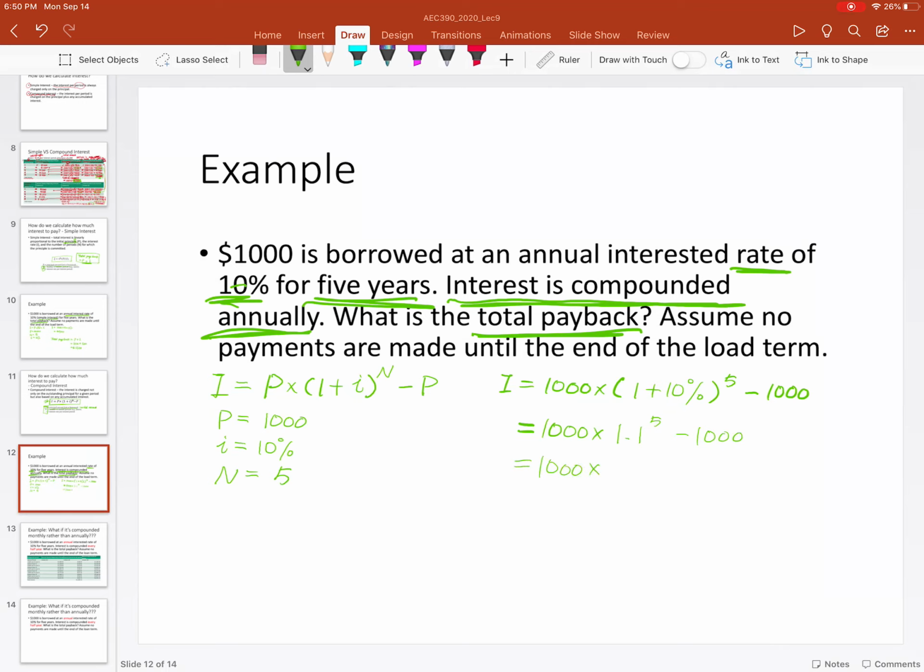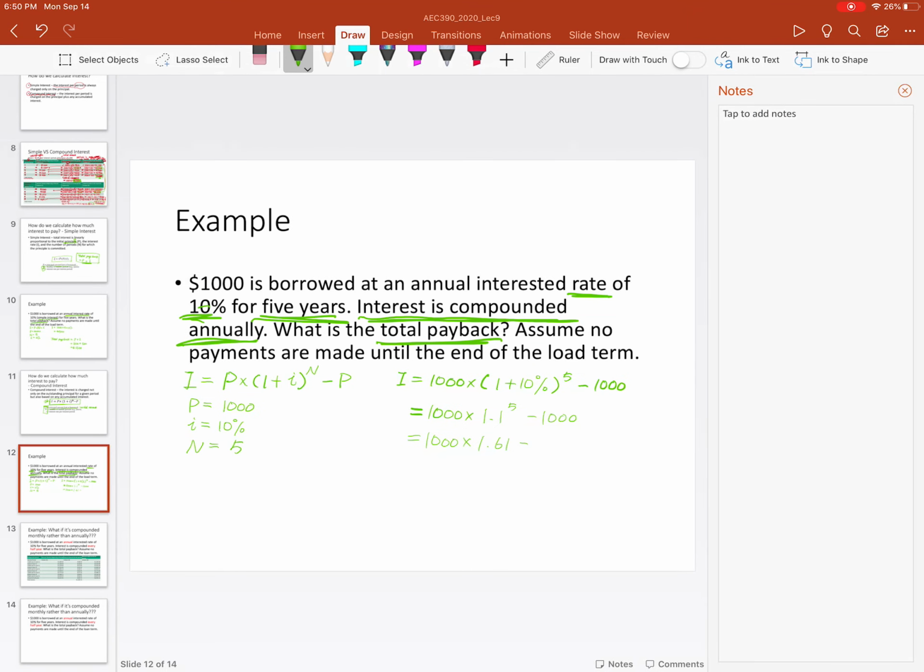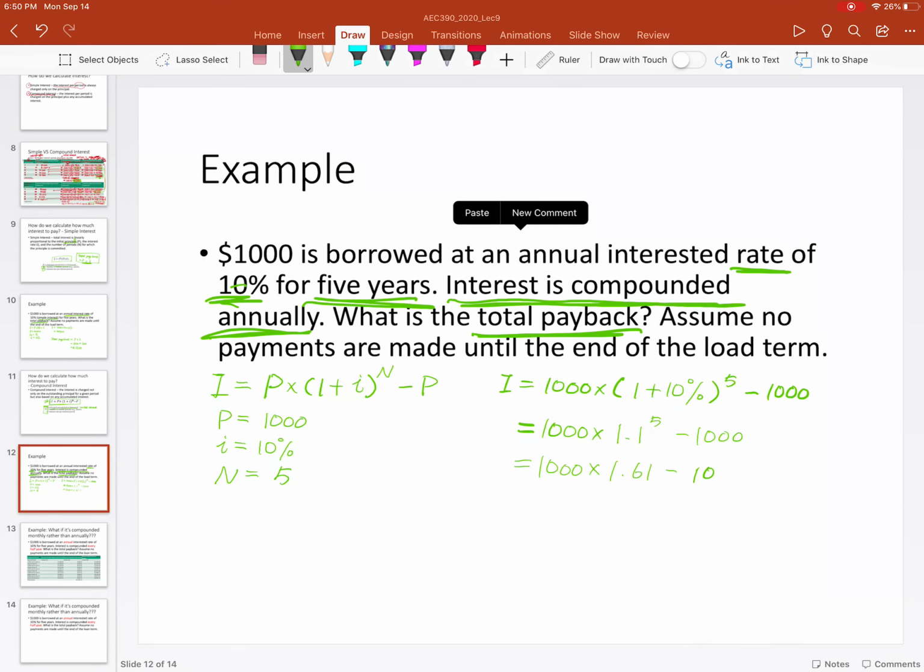And what is 1.1 to the power of 5? Let me use my calculator. So 1.1 to the power of 5 is 1.61. Okay, do the calculation on your calculator, see if you got the same answer. Minus 1,000. So it's gonna be 1,610 minus 1,000. It's gonna be what? 610. So that's your total interest.